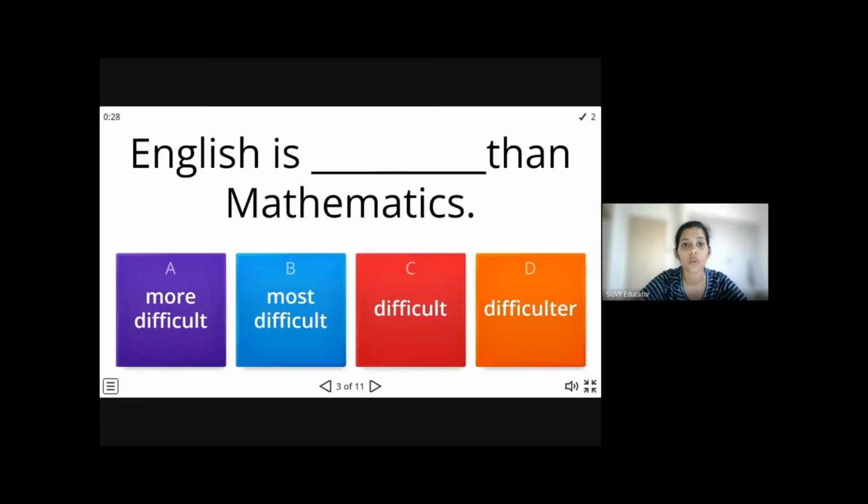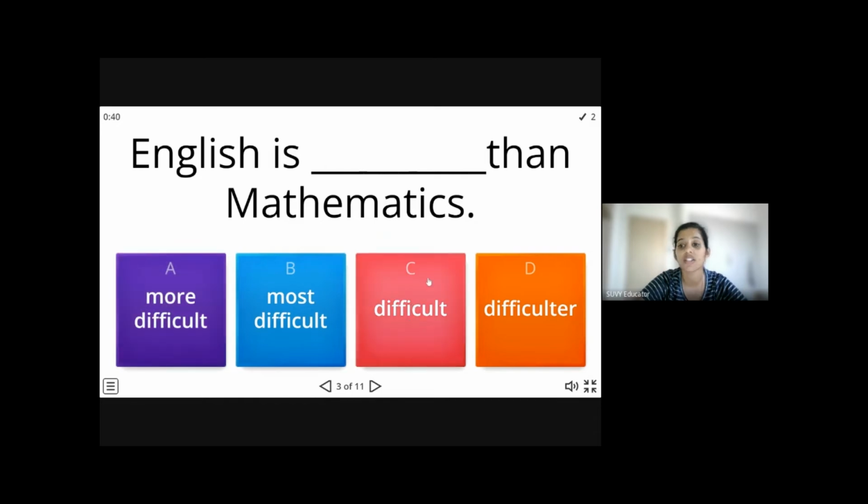Okay. English is dash than mathematics. So English and mathematics. It's a comparison between two subjects. So when we are comparing, we use the comparative degree. But here they are giving most, which doesn't come in the comparative, most comes in the superlative. So this is anyways gone. More and difficult, difficult is the positive, so we don't use that.